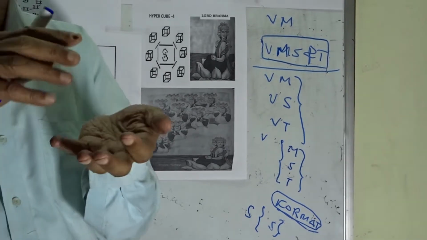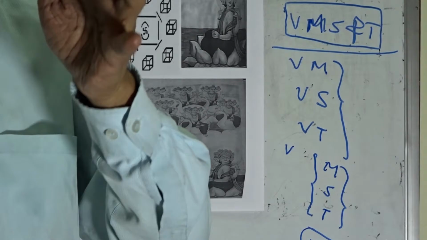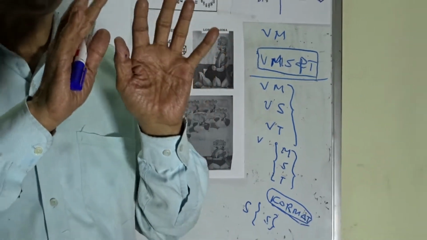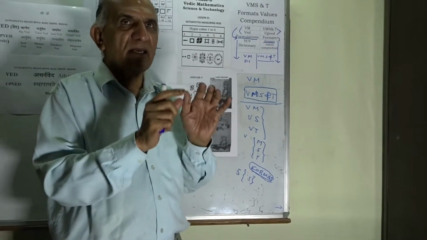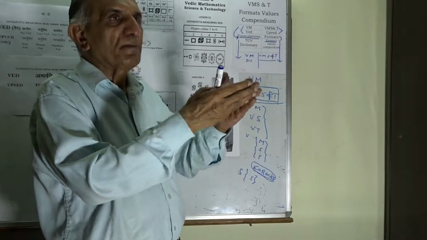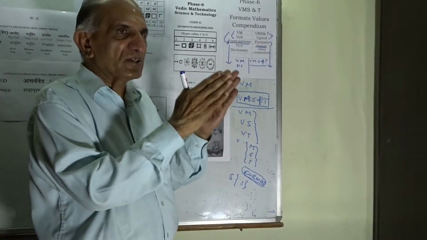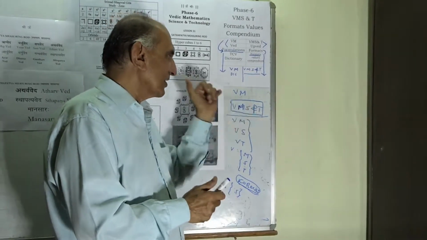So when there is one format for the whole range of values of mathematics, sciences and technologies, then it makes a single integrated discipline, a self-contained discipline, a discipline complete in itself, and the designation and the name of this discipline is Vedic Mathematics, Science and Technology.